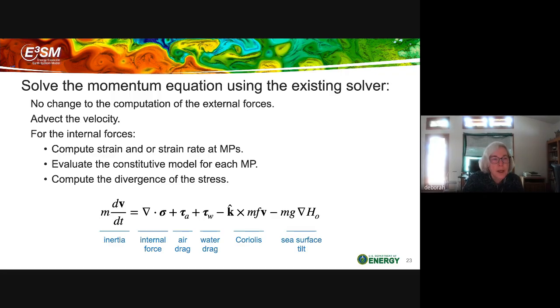With MPM, we compute strain rate by taking gradients of the velocity from the mesh and evaluating at material points. That goes into a constitutive model, so we get the stress, then we compute the divergence of the stress. Those are material point operations now.